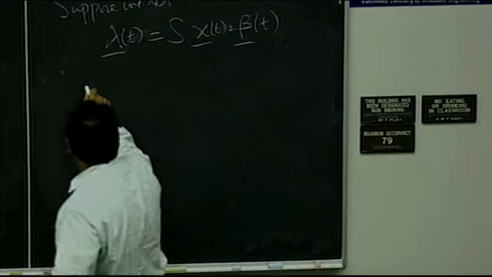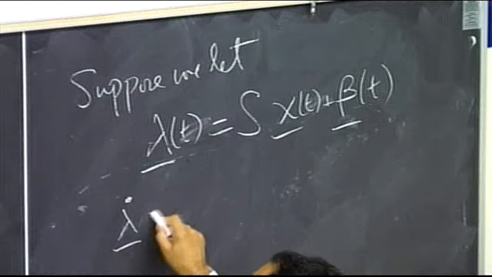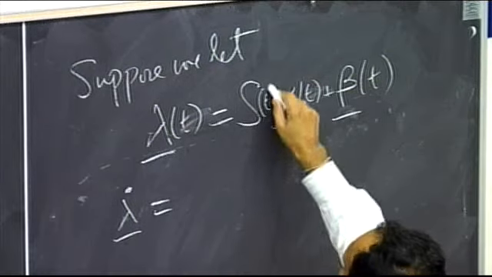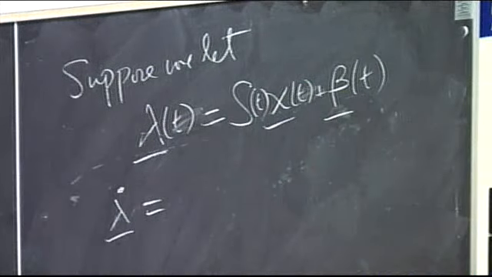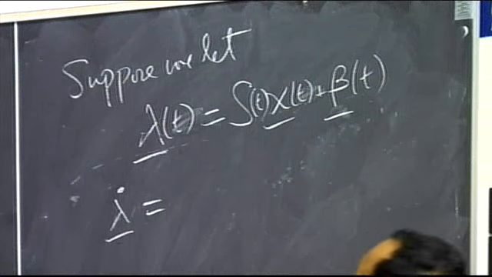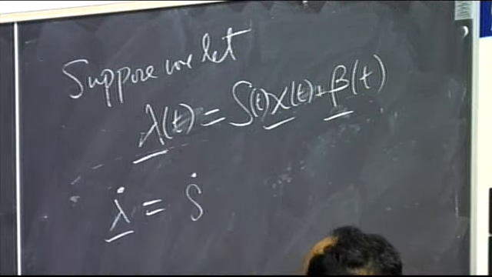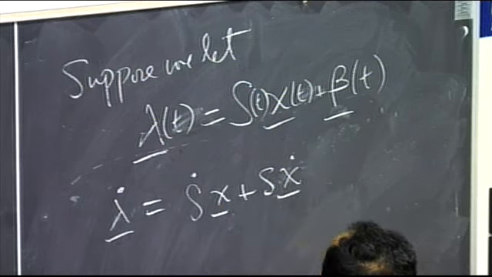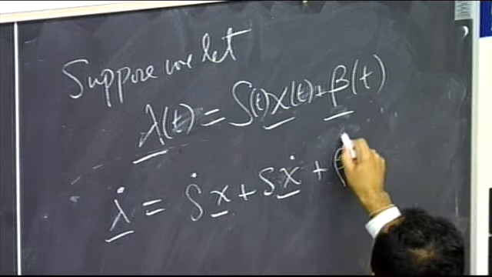So now, suppose I take the derivative of this. What's lambda dot? Well, I'm assuming also that this is a function of time. It's not a constant. Okay? So if I take the derivative, I get S dot x plus S times x dot plus beta dot.